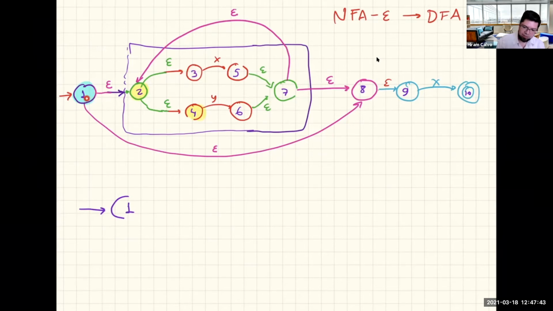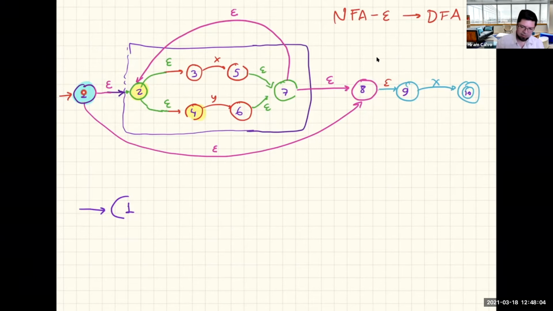Then I need to merge state 1 with these states. Imagine that this is a single big state, and also, of course, 8, and then 9 in turn. So the question is, which states can I reach from 1 by following only epsilon transitions?